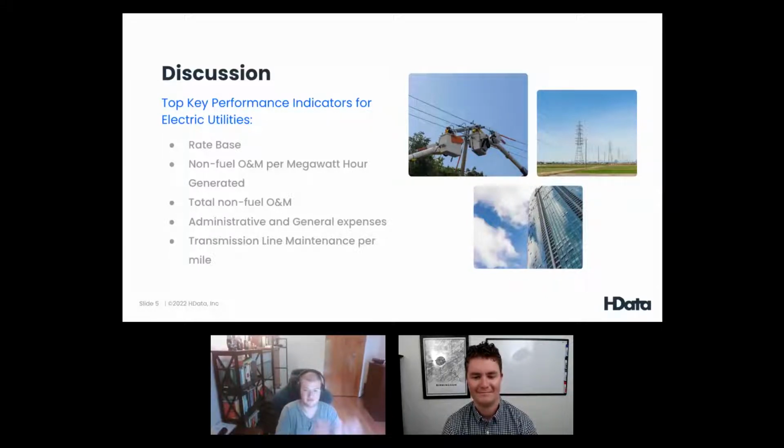So we can understand O&M for generation, O&M for transmission, O&M for distribution. If we want to look at transmission O&M, we want to standardize, normalize it in some way. And usually that's determined by the amount of lines or mileage of lines in transmission lines. So that's just a quick little overview of some of the KPIs that we have within our HData platform.